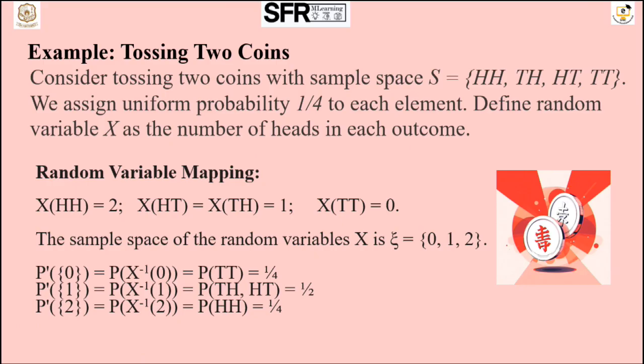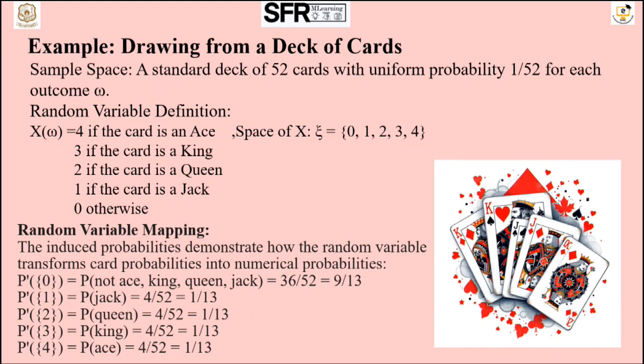I am defining the probability of 0, 1, 2 here. That is the favorable outcome divided by the total outcome. The total outcome is 4. Getting only 1 head is 1 by 4, getting 2 heads is 1 by 4, and getting 2 tails is 1 by 4.